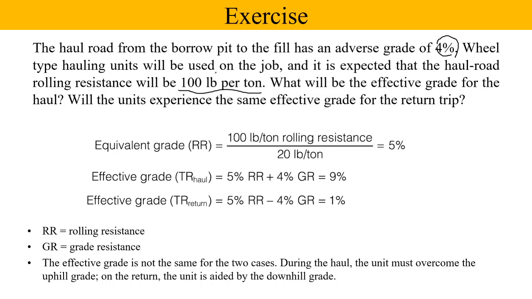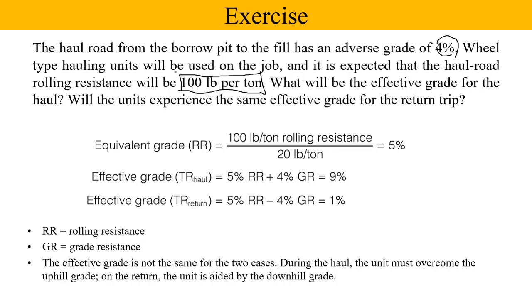The first thing we need to do is to convert it to the equivalent grade, right? Then we could add it with the grade, and by having the sum of the grades, we can find the effective grade.